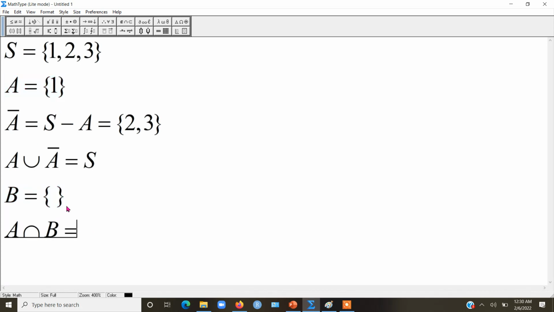Of course there is no common point, so the intersection will be an empty set, because in an empty set we don't have any point. So the intersection of an empty set and a set is an empty set again.